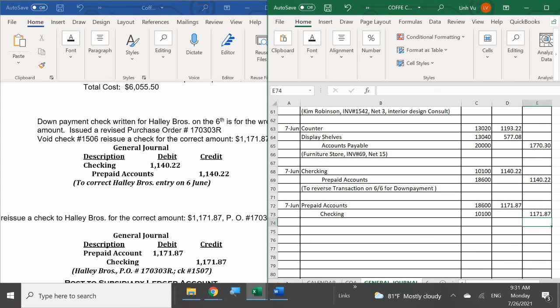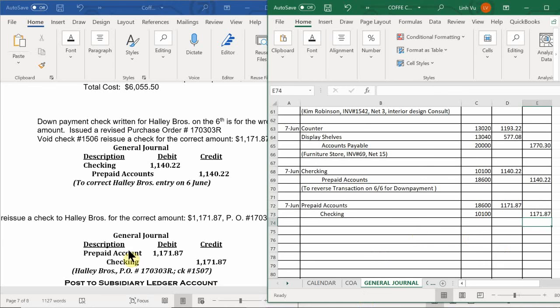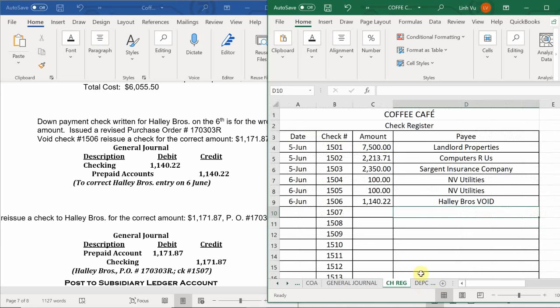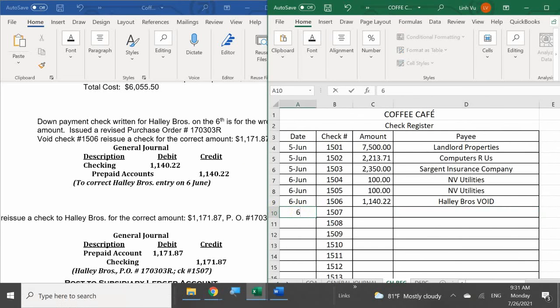All right. I have to reissue a new check. Okay. So therefore, before I finish our journal, I need to go and get my check number. Okay. So in this case, what check number am I writing? 1507.